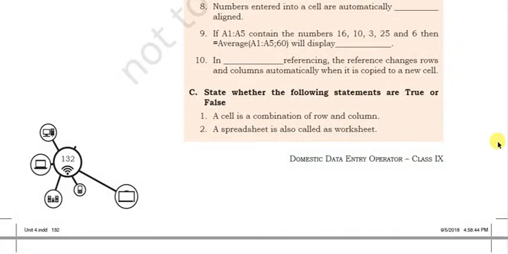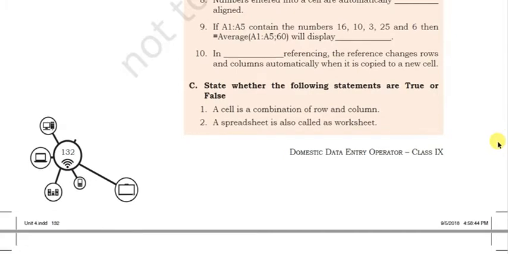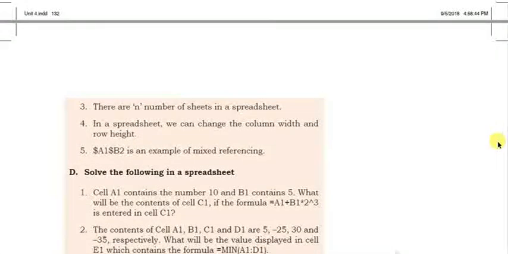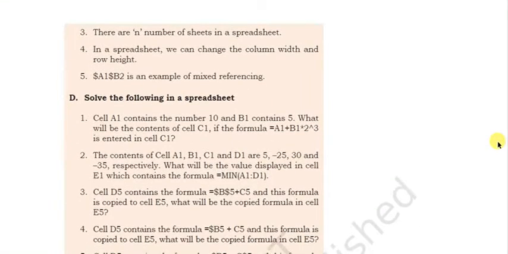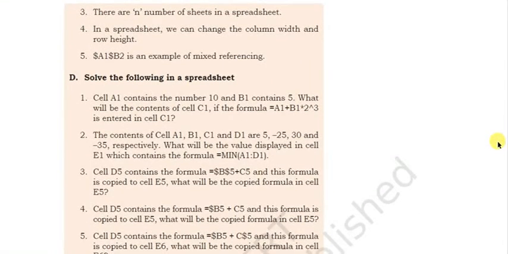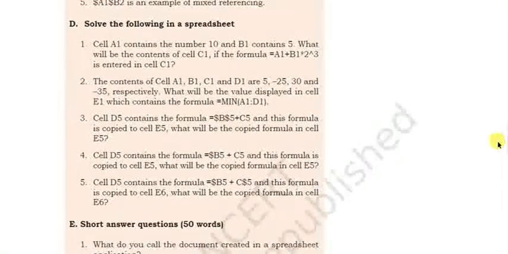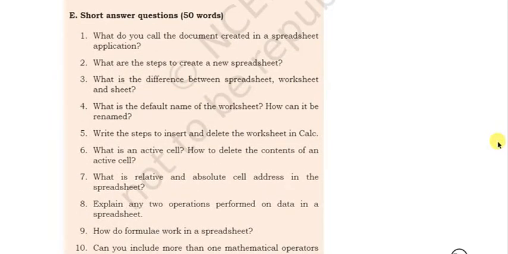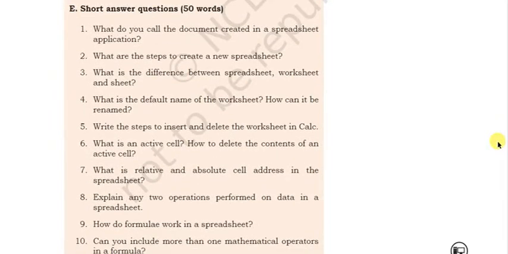Next we have the third category, that is true false. The same type of category you will find in your final examination also. And some spreadsheet type practical based questions. And at the end you have some short answer questions that you have to answer in 50 words.